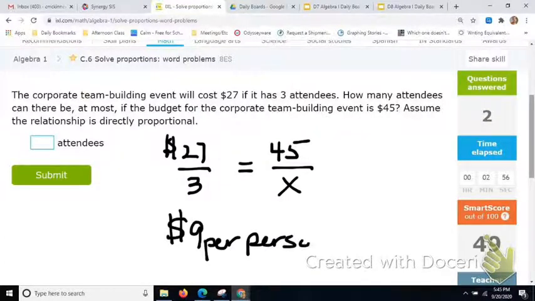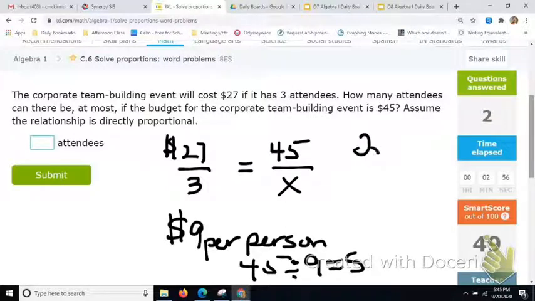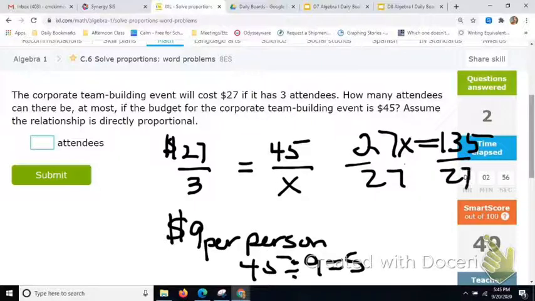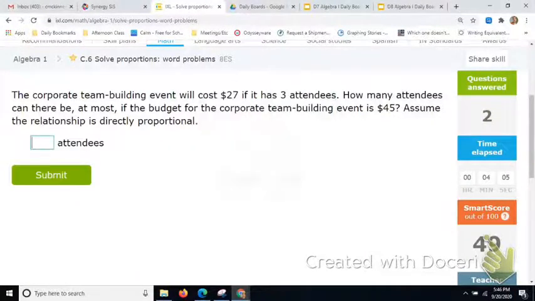And then if we did 45 divided by 9, we get 5. And let's look if we cross multiply if we also get 5. If I cross multiply, I get 27x is 135. And when we divide by 27, we also get 5. So cross multiplying will always work if you have it set up correctly, but sometimes just intuitively you might figure out the answer another way that still gives us the same solution.